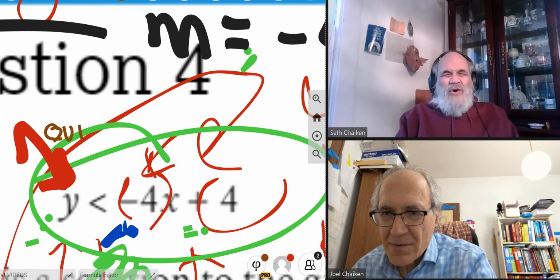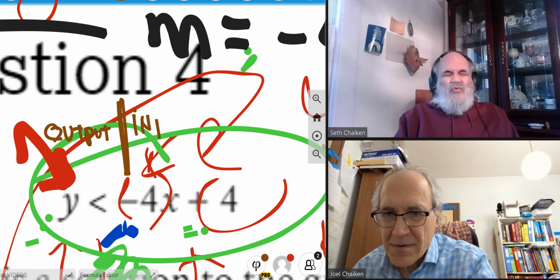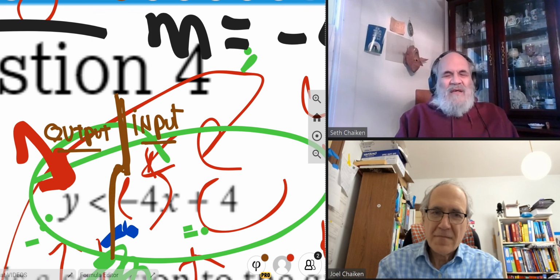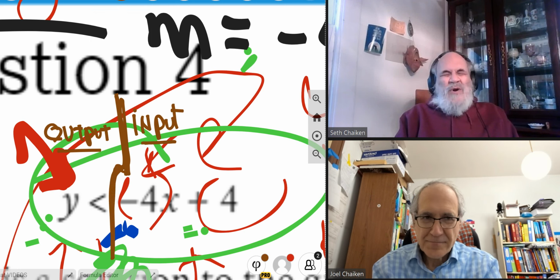So both columns of the table have numbers that are Y coordinates, which is unusual for a table.